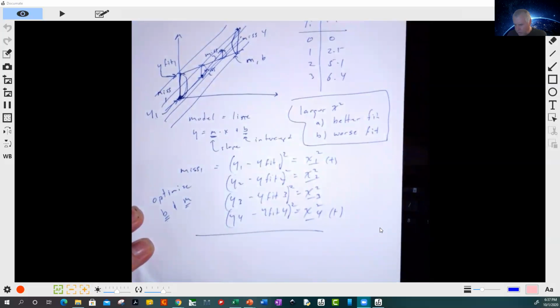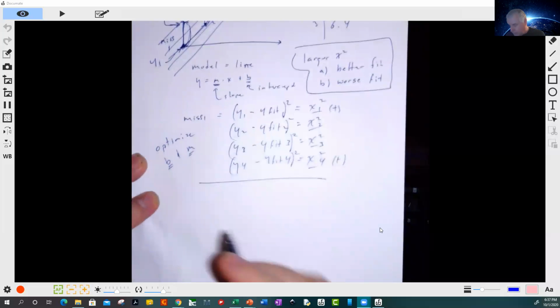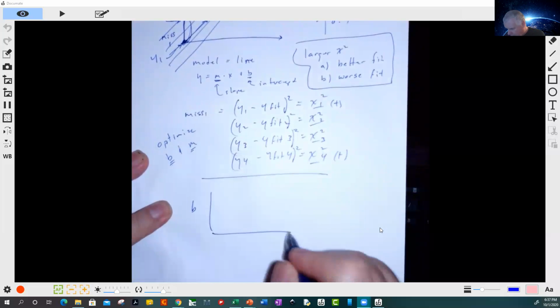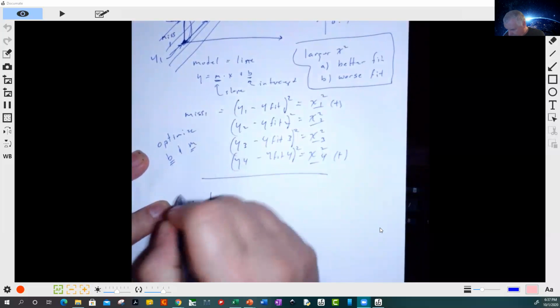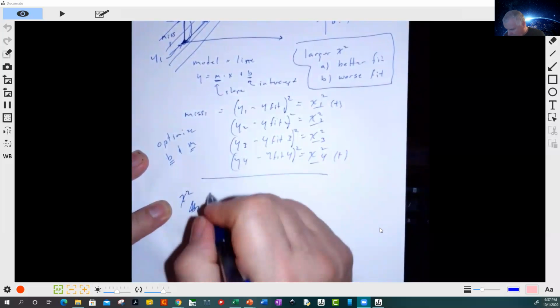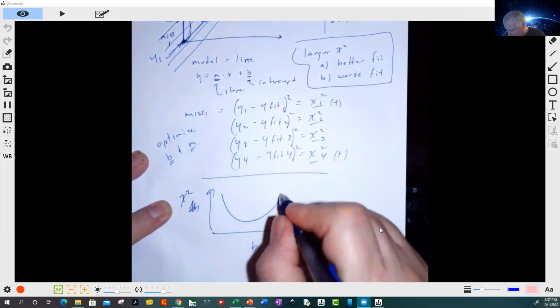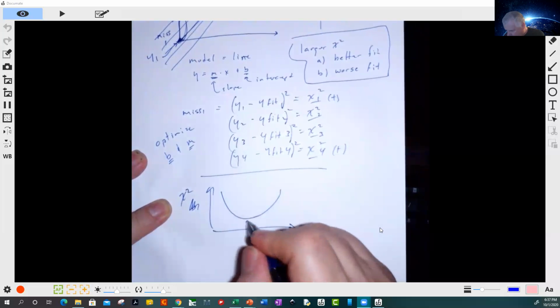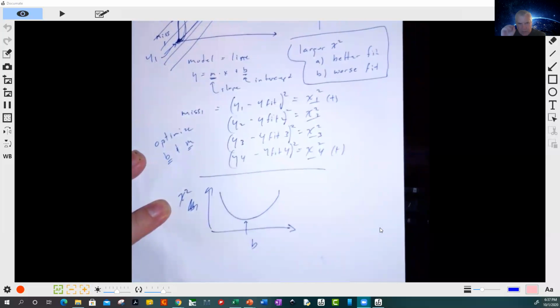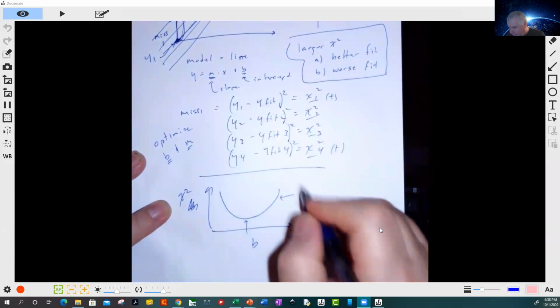So by adjusting the B value and following chi-squared as a function of B, what you'll see is that this is chi-squared versus B, and there will be an optimal value for B. If B is too low, chi-squared will be high, and we'll come down to a minimum and then it will go back up. The way we set it up, this is a parabola.